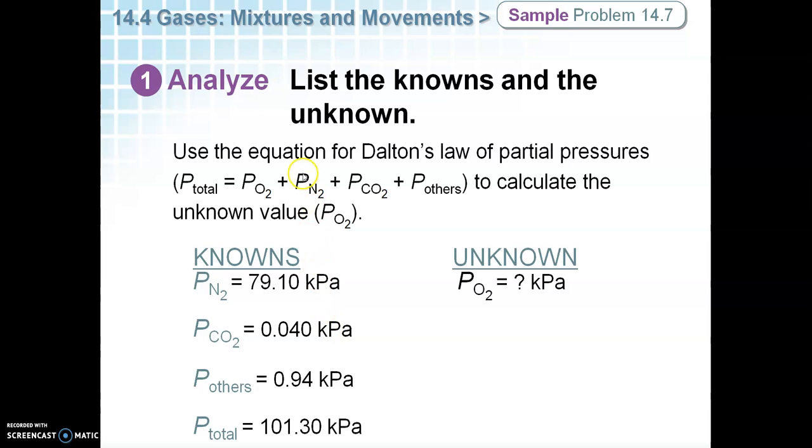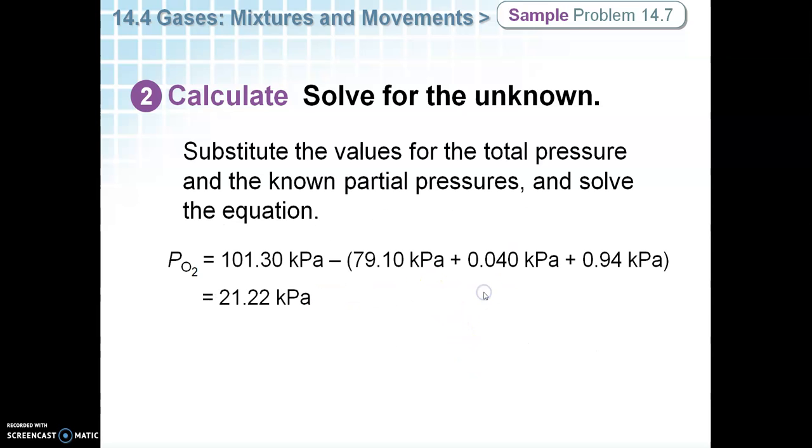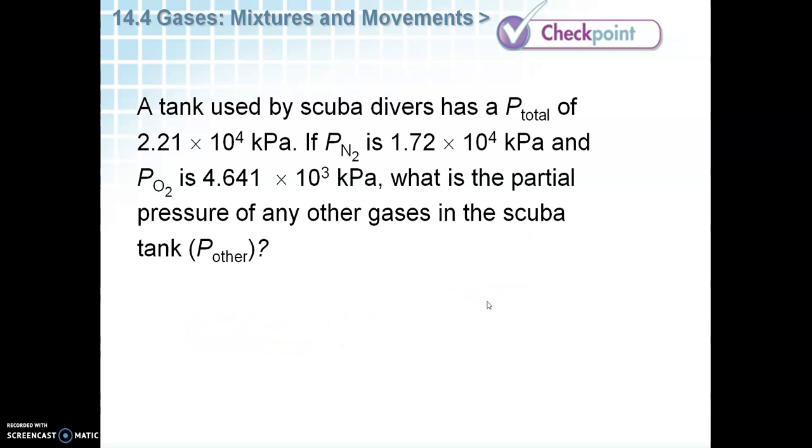So simply plug everything in. The only unknown is pressure of oxygen. So do the advanced math of subtraction to find it out. All right. So plug in the values, find the pressure of oxygen, and you get 21.22 kilopascals. This is the easiest thing ever, isn't it? Does the answer make sense? Well, yeah, because it's less than the original, so it must be true.